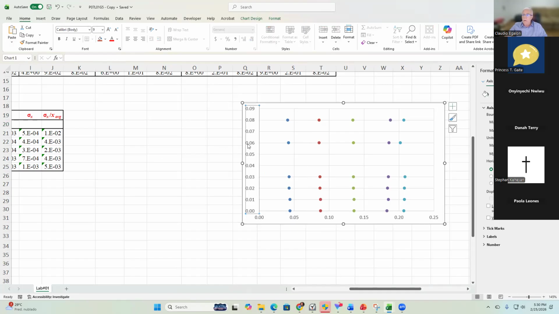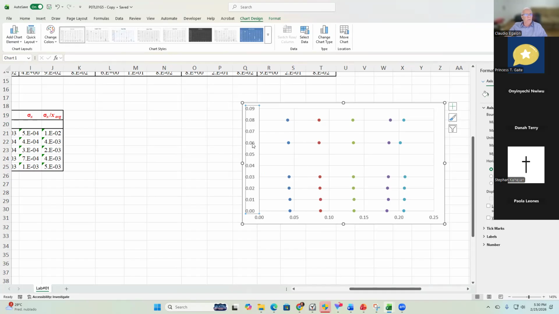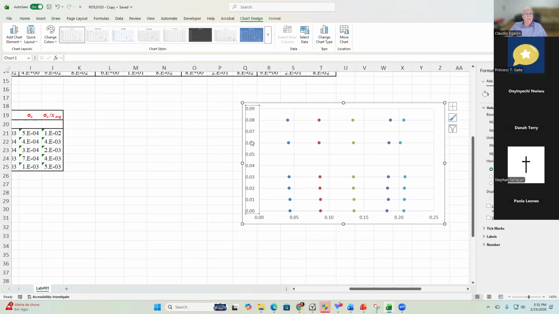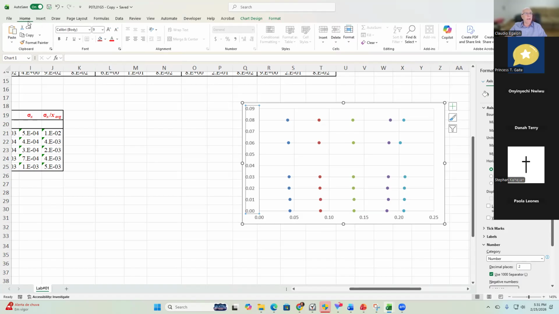So increase the size from 9 to... Okay, so let's see here. Tick labels, no, tick marks, no number. Let's see, maybe it's here. No, where is the format for that? It was here before. Home, oh, okay, here you go.